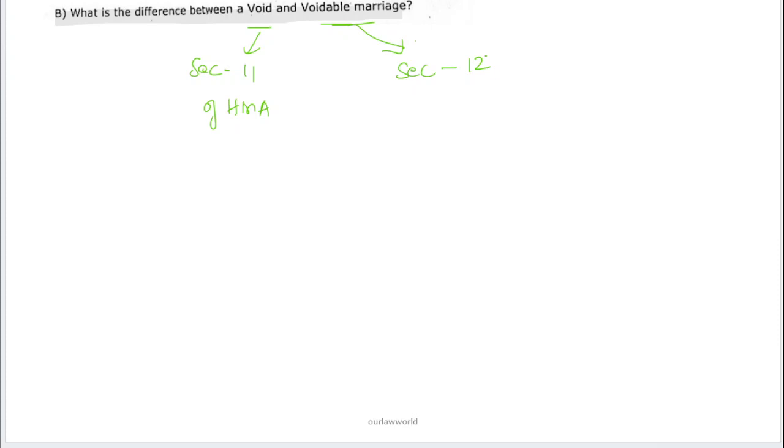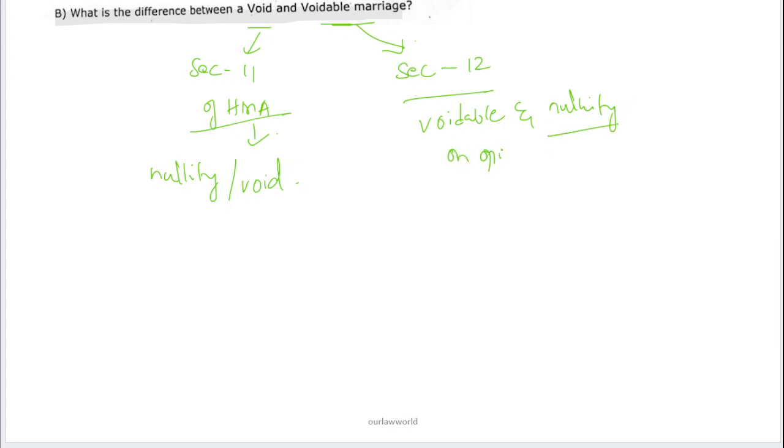If you go into the exact difference between these two, section 11 is treated as nullity or void, and this is treated as voidable, and the decree for nullity is passed on the petition of either one of the parties.